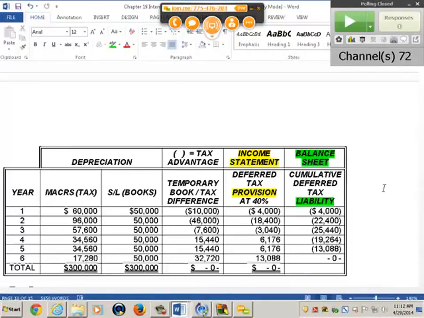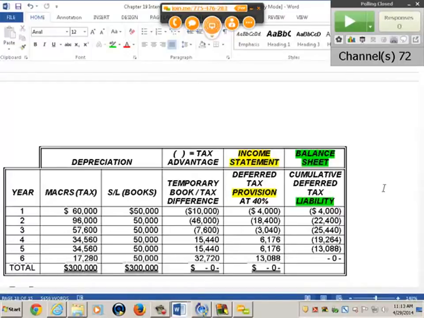Under the income statement approach, we calculate the tax provision, which is the income statement effect, and add that on the balance sheet. So in the yellow highlighting, you see that the provision itself is the income statement effect, where the cumulative, the summation of those provisions, become the deferred liability on the balance sheet.